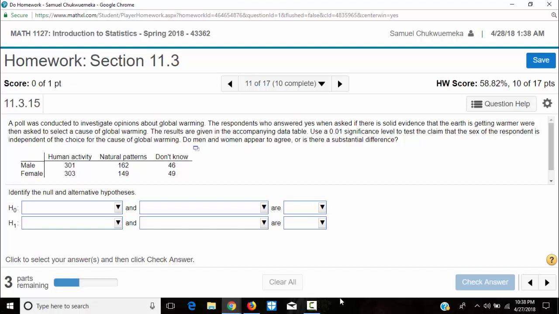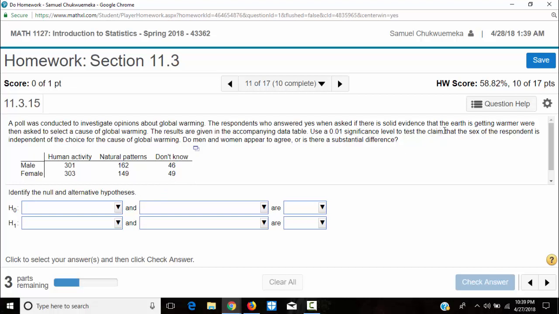Use a 1% significance level to test the claim that the sex of the respondent is independent of the choice for the cause of global warming. Do men and women appear to agree, or is there a substantial difference? This is a 2 by 3 table.